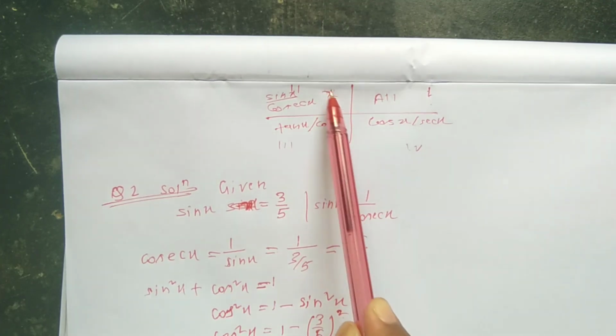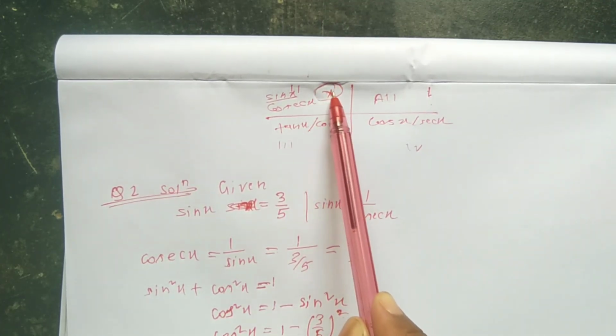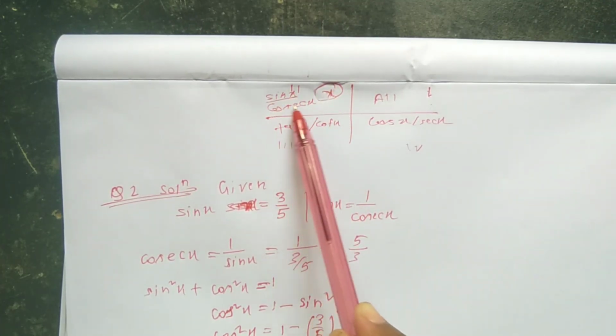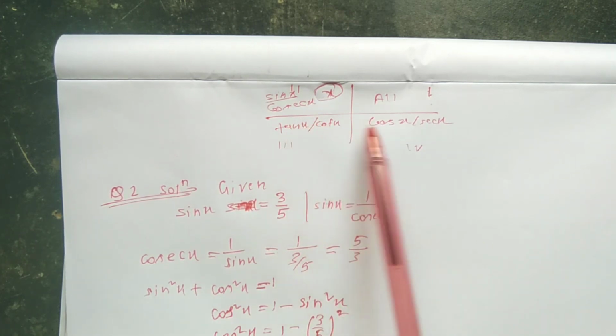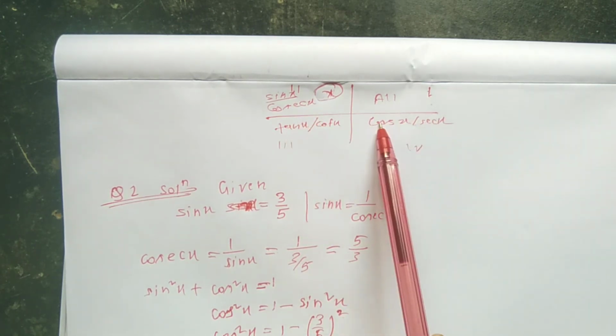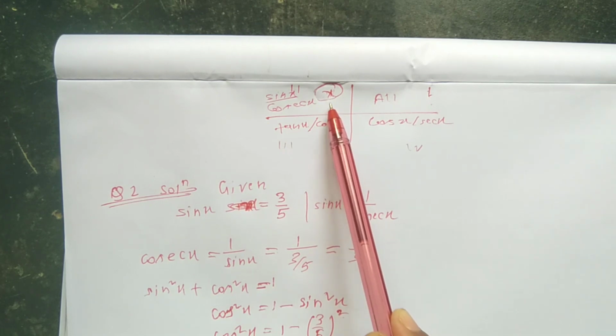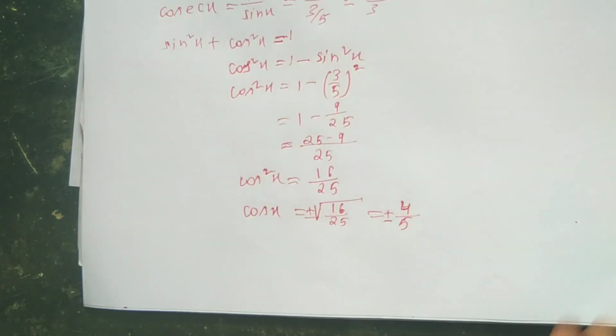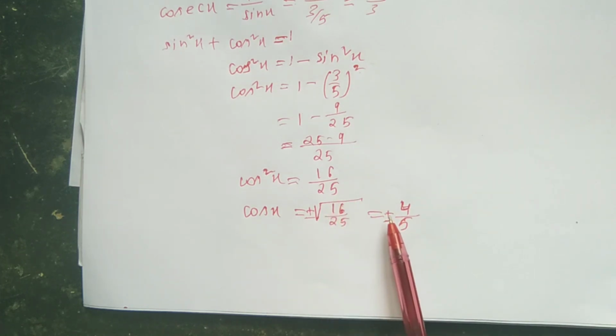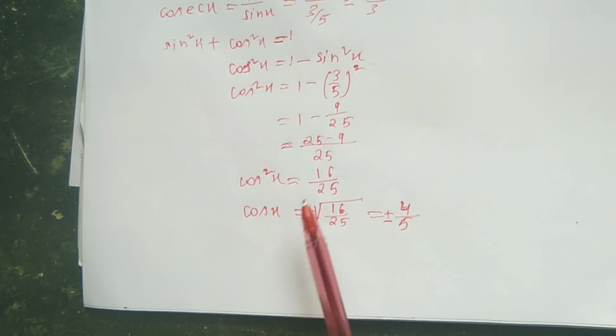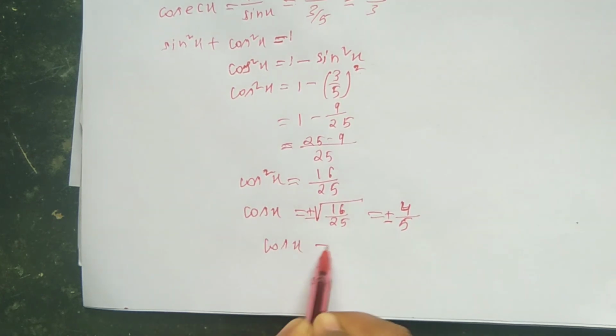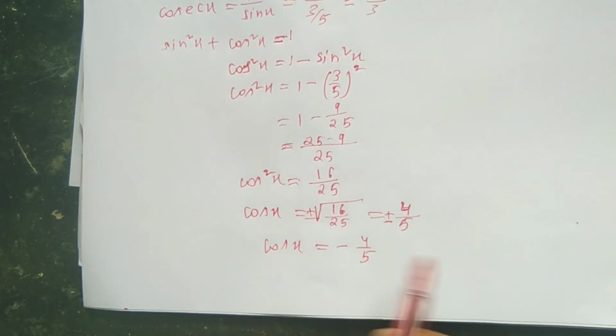In the second quadrant only sine and cosec are positive, but the rest of the trigonometric functions are negative. That means cos is also negative. That is why out of the positive and negative signs we have to take the negative sign, because x lies in the second quadrant. So the value of cos x is minus 4 by 5.